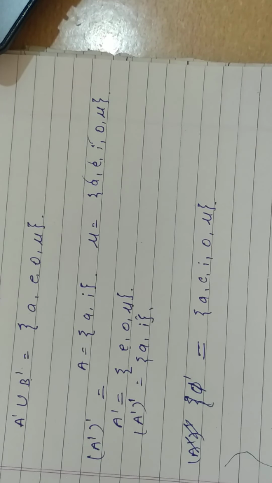See, what was the universal set? In this question our universal set is A, E, I, O, U. And when you find the union of A and its complement, then you get A, E, I, O, U. It means it's a universal set. So our first property of the complement of a set is that A union A complement is always equal to U. Okay, that is the first property.